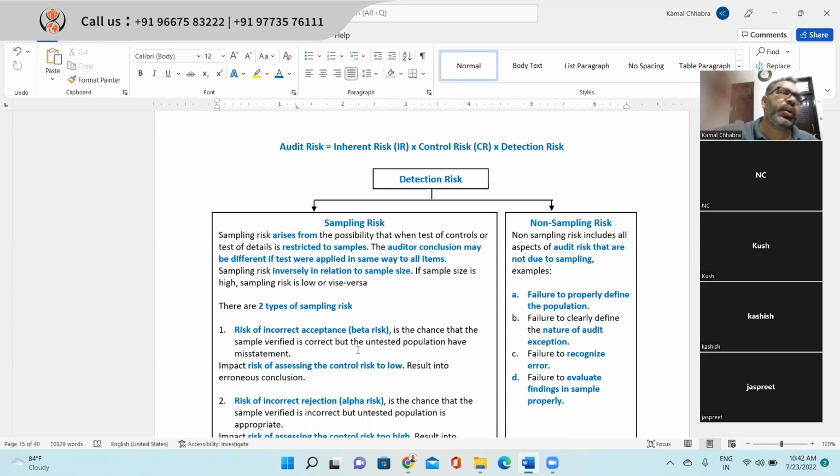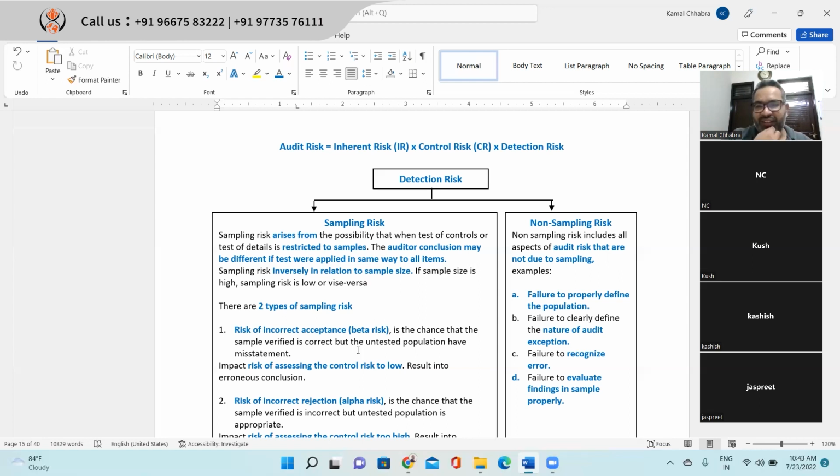Detection risk is basically the risk of not detecting any error because of the inherent limitation of the audit, which is based on sample testing. Audit risk is inherent risk multiplied by control risk, which is risk of material misstatement, multiplied by detection risk. So that is the complete overall audit risk.